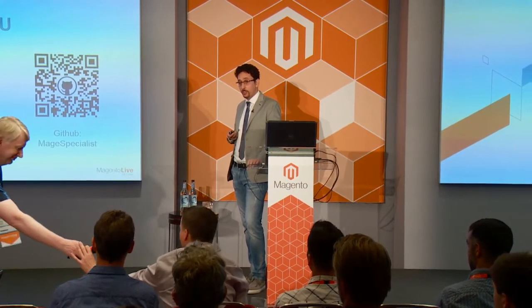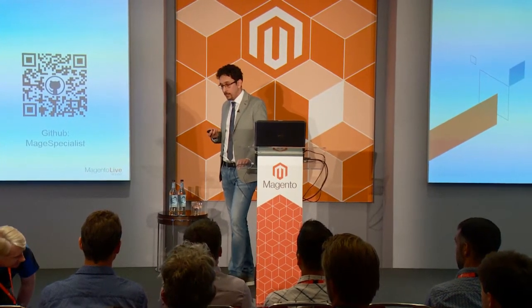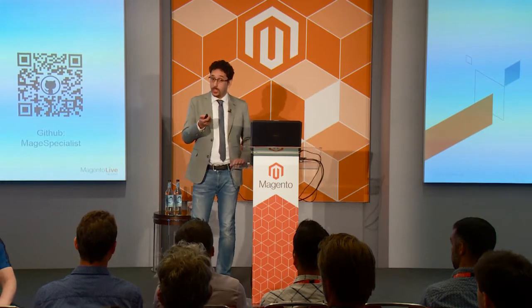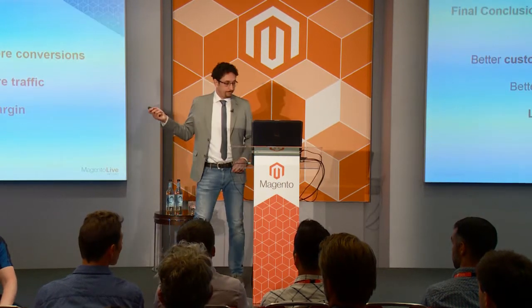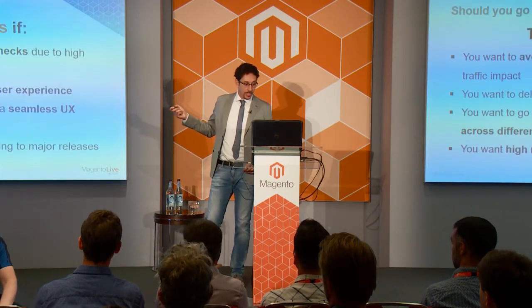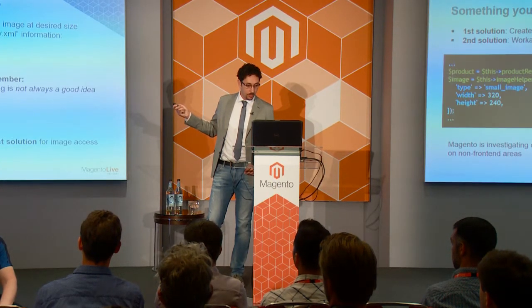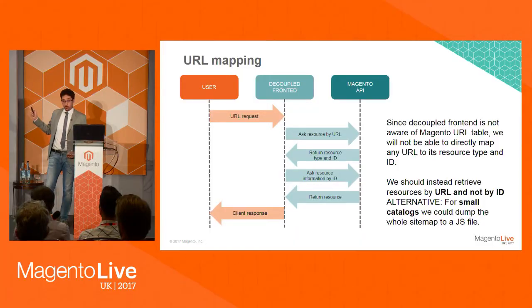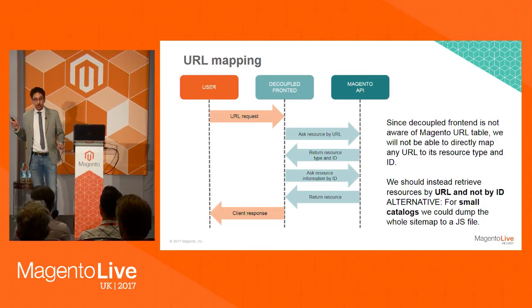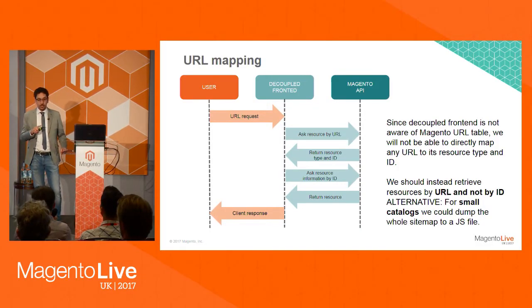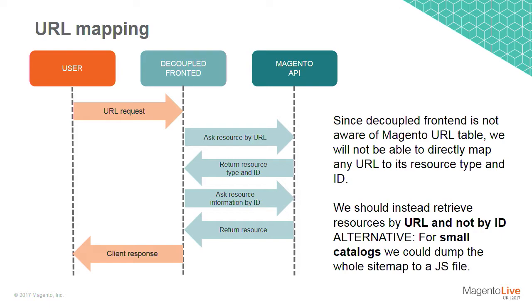Well, of course, if you are going to use, for example, a single-page application, you have to... Single-page applications won't work because you still need a URL you can index. Yeah, this is why I put my slide here. Because if you want to have an SEO-friendly URL, you have to map it to the decoupled application. Unless you want to have catalog, product view, and the ID of the product, which I think is not a good idea.